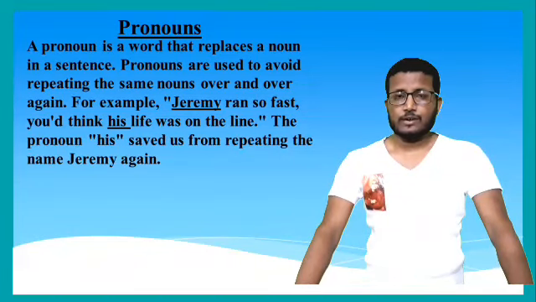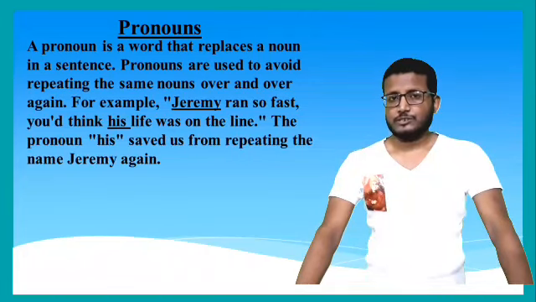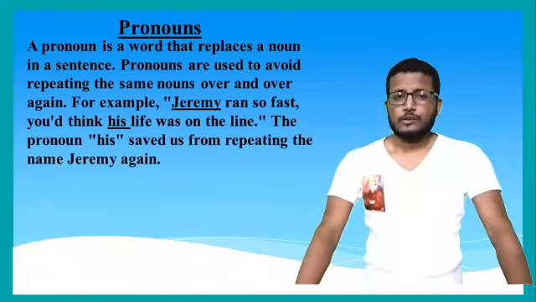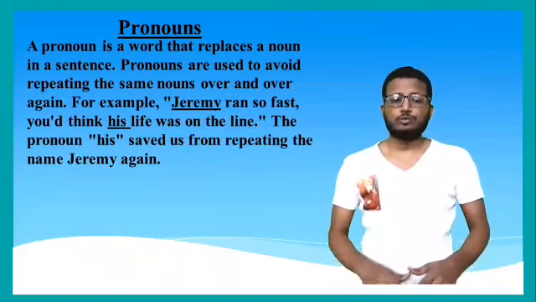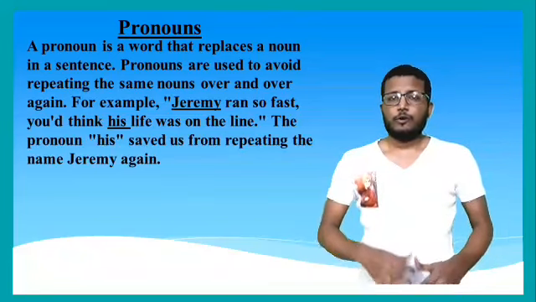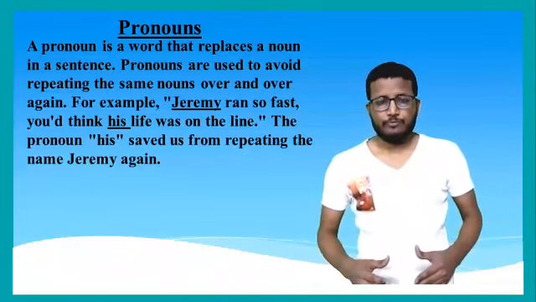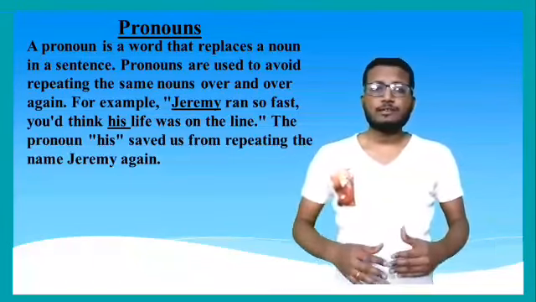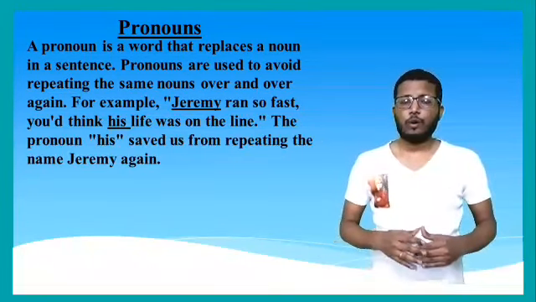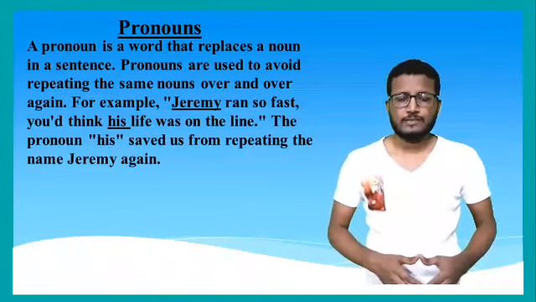In the sentence that you can see, the sentence depends on a subject, the doer. Who is that? It is Jeremy. So Jeremy runs so fast, you think his life. We are not saying Jeremy's life, so we are not repeating the same noun, because we know that a noun is a naming word, isn't it?